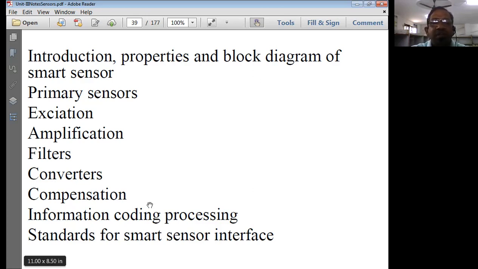So for that, we need a conversion from analog to digital. The next one is compensation. Obviously compensation is an issue here. Always in electronic circuits, you have to design the circuit to compensate for the changes in temperature, for the changes in beta value of the transistor used, and for changes in the circuit components. Circuit component values are going to change due to aging. Beta value of the transistor is also going to change due to aging.